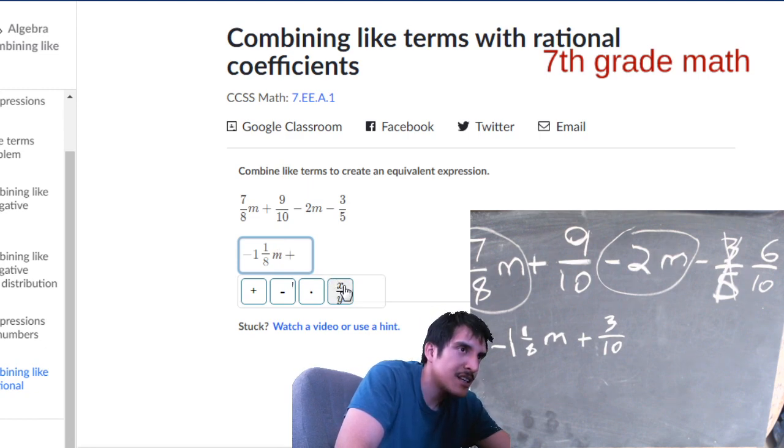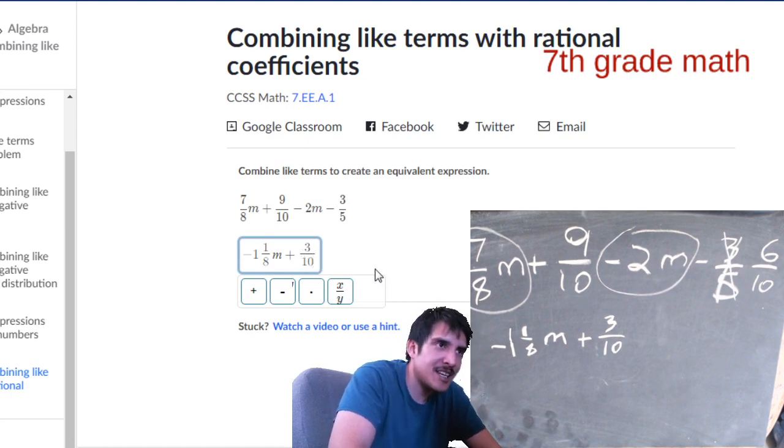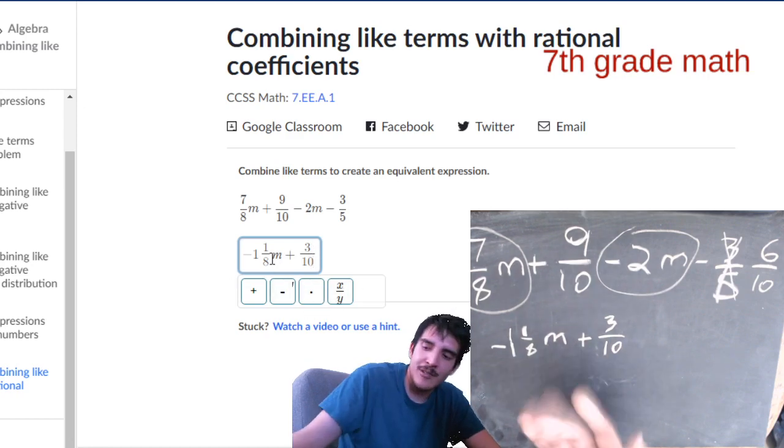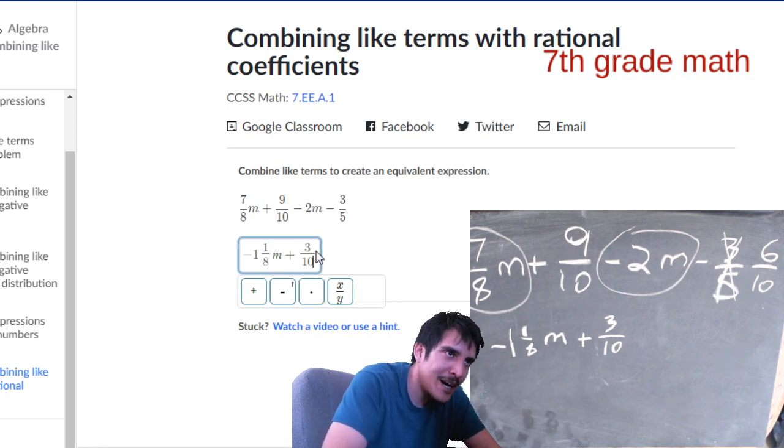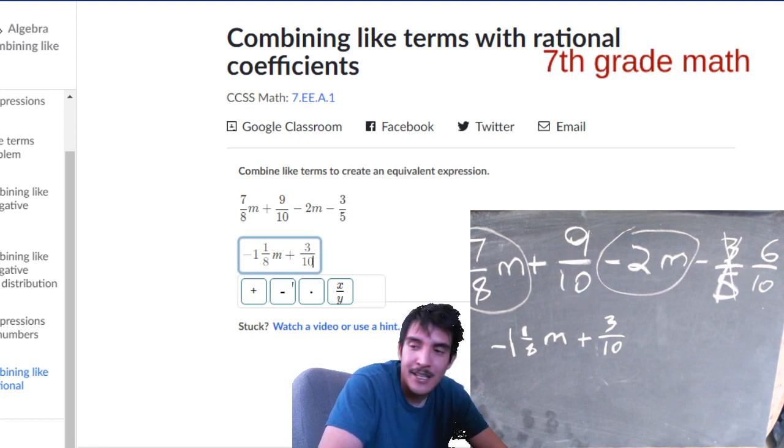So plus, and then the fraction button, 3/10. This kind of helps too, because in IAR, they make you do all sorts of weird stuff with buttons on the computer. So not only do you have to know how to do this math, but you have to know how to even put in your answer, so that's why I think it's a very good idea that we're practicing this Khan Academy stuff.